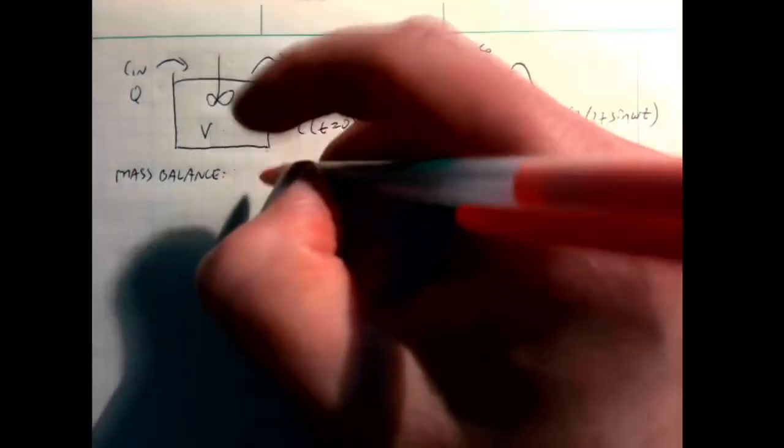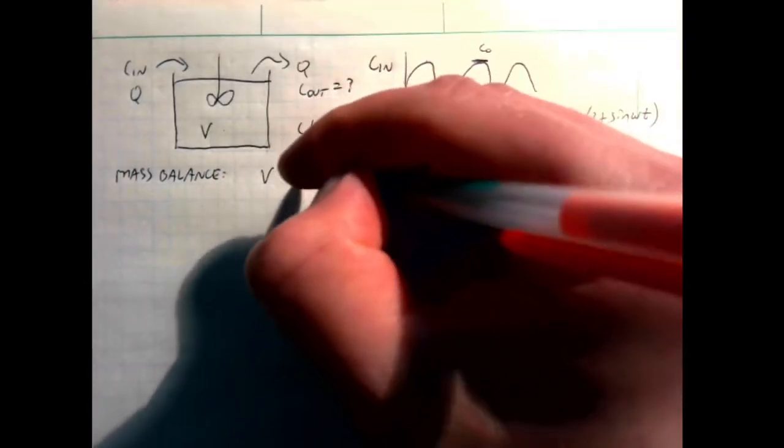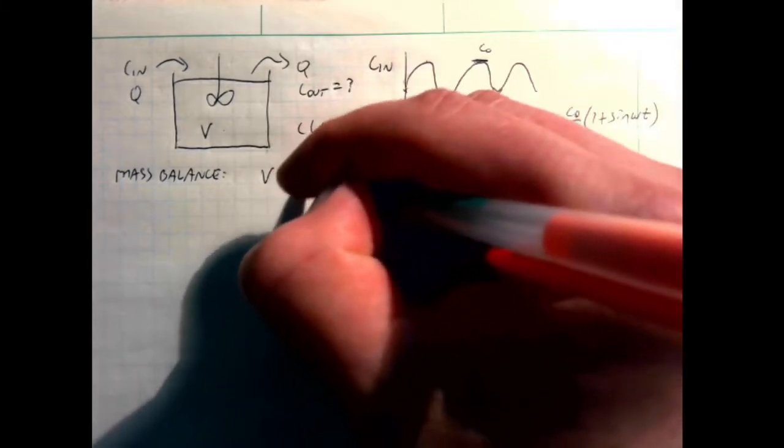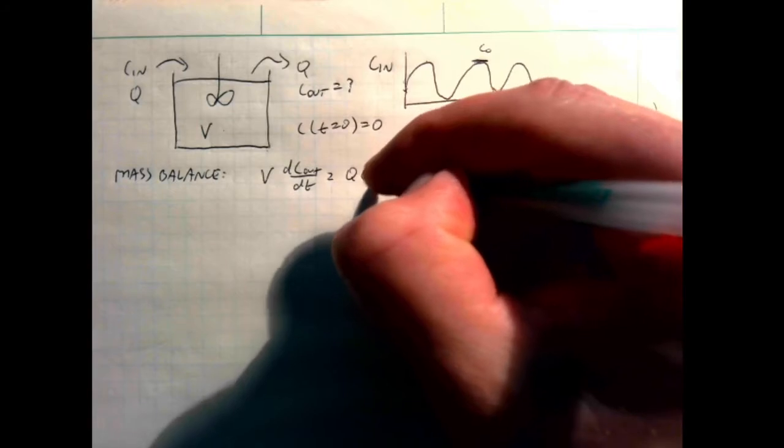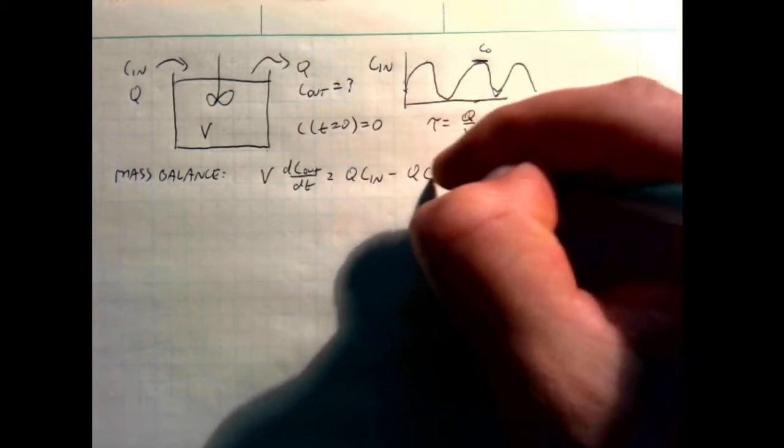And so that's going to be like our other ones, dC out by dt equals Q times Cn minus Q times C out.